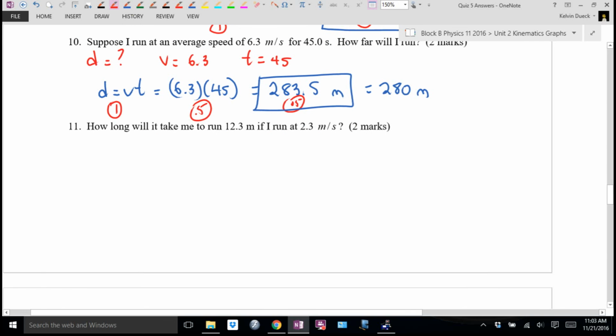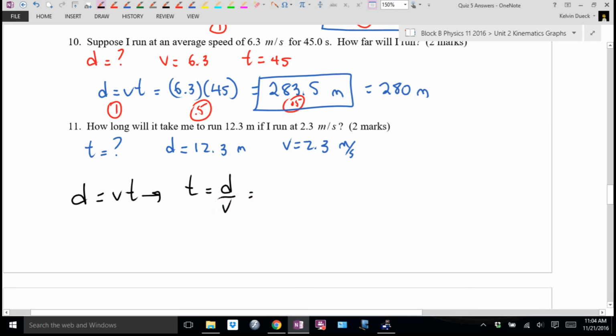How long? Time. Looks like we have a distance of 12.3 meters and a speed of 2.3 meters per second. I know distance equals V times T, so time equals D over V. It's going to be 12.3 over 2.3.